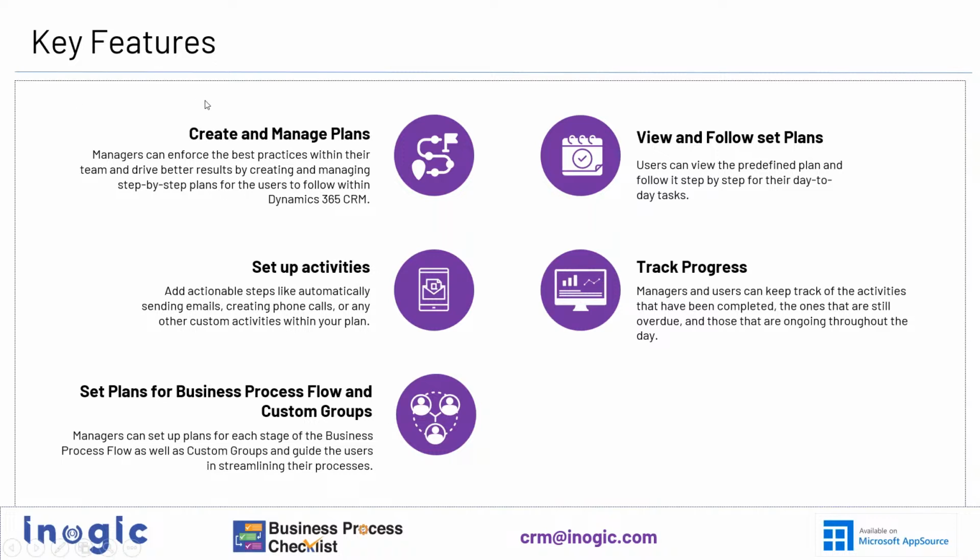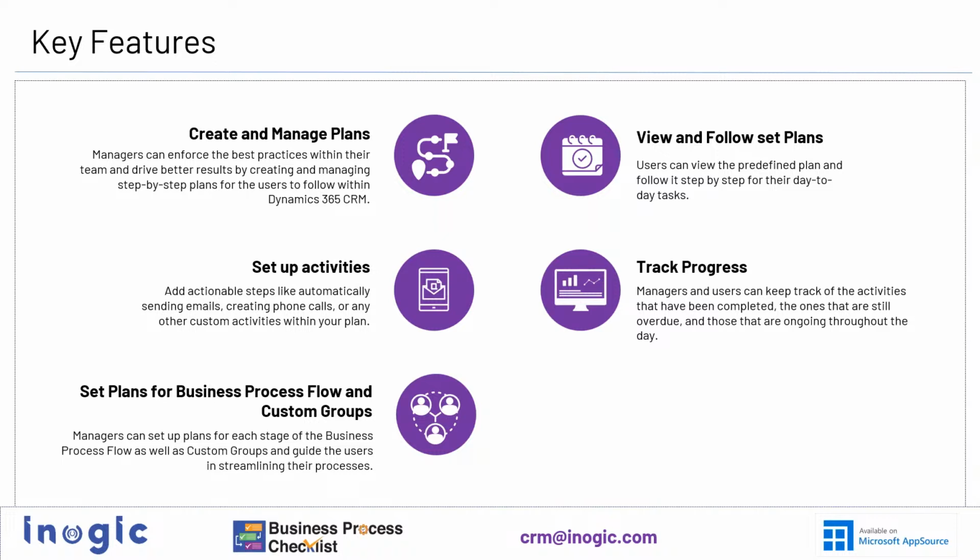The best part is that you can seamlessly integrate these plans into the out-of-box business process flow. But don't worry, if you prefer a more tailored approach, you can also utilize our custom groups, and I'll explain the custom groups in detail during the demonstration.